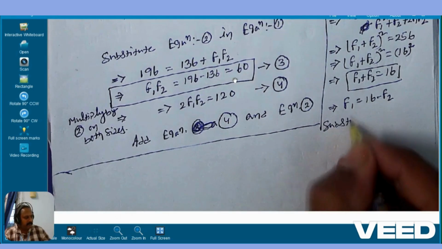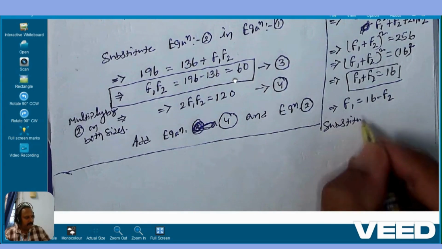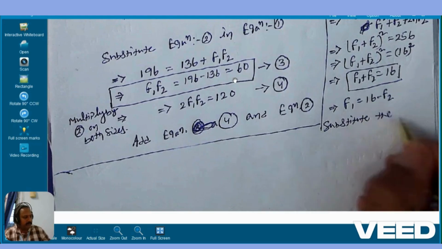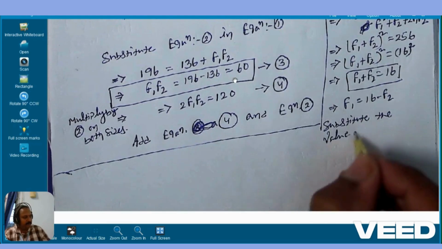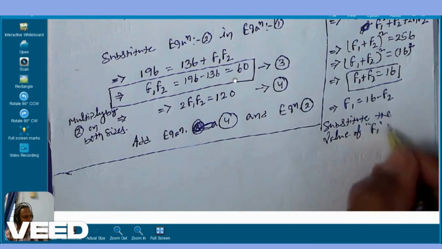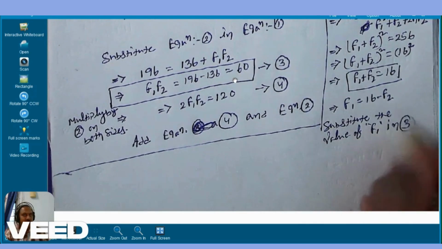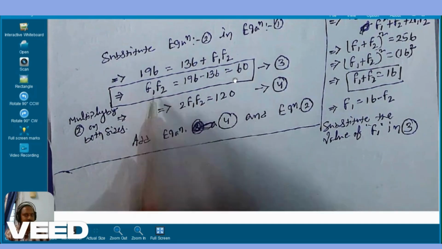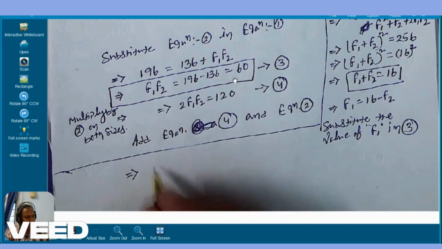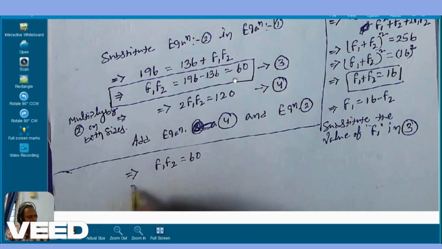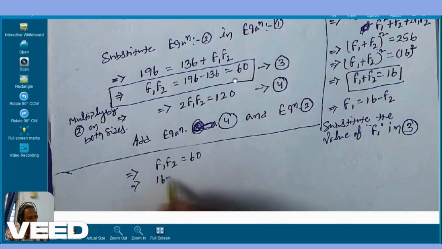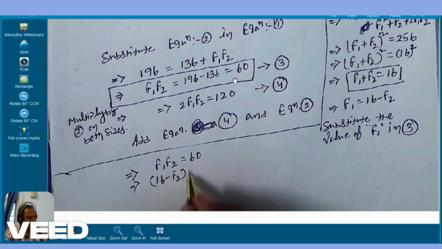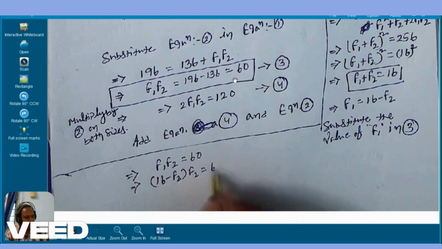So we'll substitute the value of f1 in equation 3. Equation 3 is f1 f2 is equal to 60. What is f1 here? 16 minus f2. That is f1 into f2 is equal to 60.